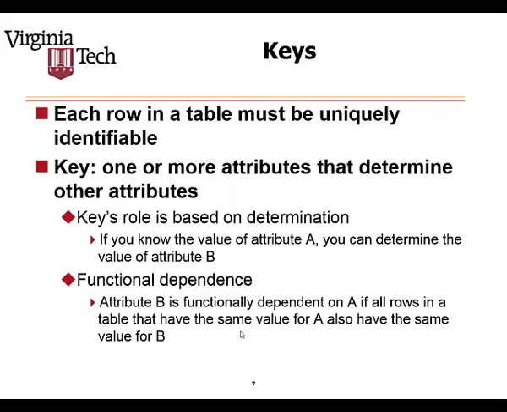But in terms of what we want to remember, we want our key to functionally determine every other non-key attribute. So all non-key attributes need to be functionally dependent upon the key.